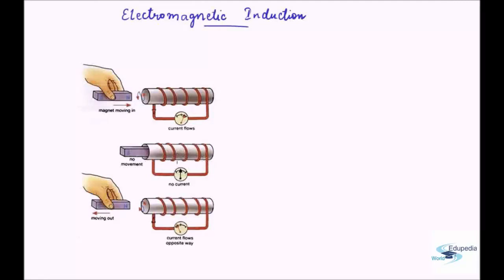Now he moved the bar magnet relative to the wire loop. As a result of the movement of the magnet, there was deflection in the galvanometer, which showed that a moving bar magnet produces current in the loop.